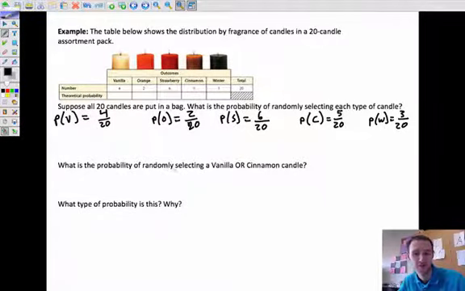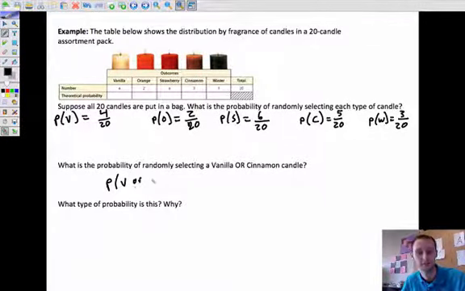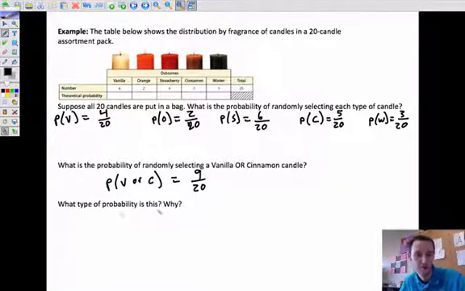What is the probability of randomly selecting vanilla or cinnamon? If we're looking at probability of vanilla or cinnamon, there are 4 vanilla and 5 cinnamon for a total of 9 out of the 20. And what type of probability is this? This is a theoretical probability because we haven't actually done the experiment.